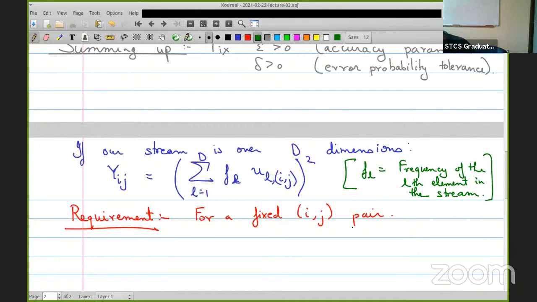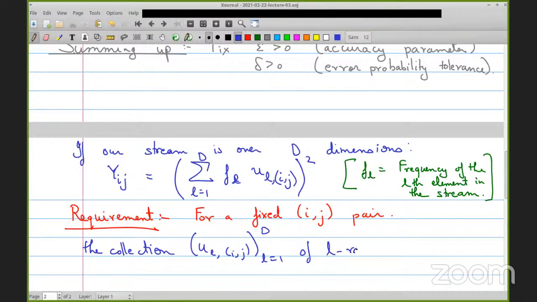So for a fixed ij pair, what we needed was that the collection u_lij, l equals 1 to d, is what? Four-wise independent.